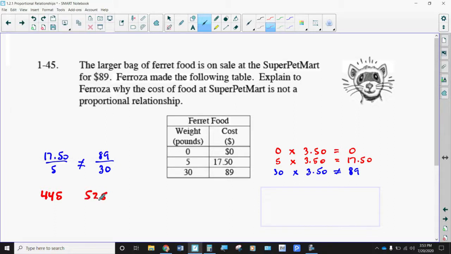Okay? So if it were proportional, you'd be able to take any of these, write them as ratios, and do cross multiplication and get an equal product. But it doesn't work here. If you were to graph it, it would not show a straight line. So those are all reasons where you could explain that it is not a proportional relationship.